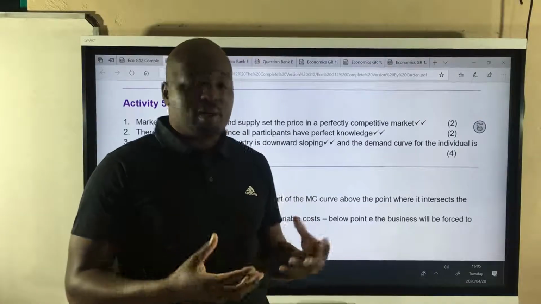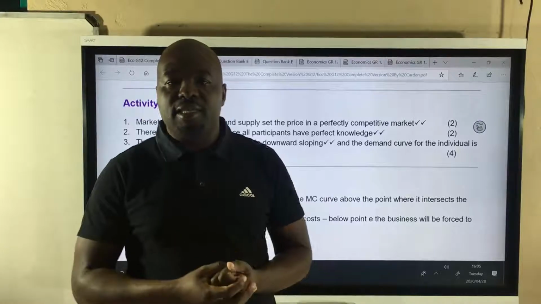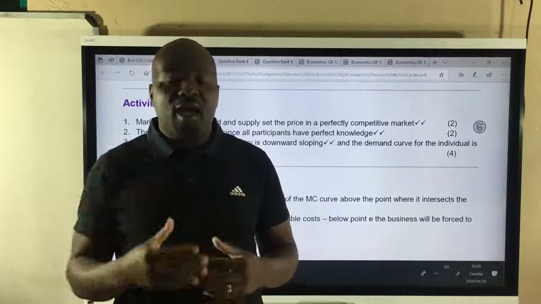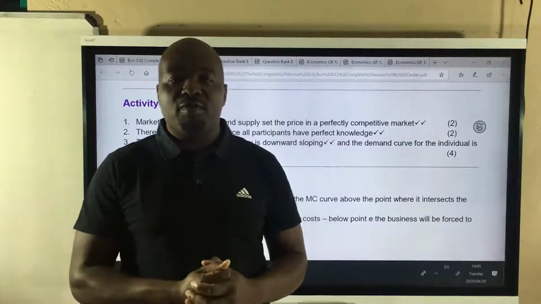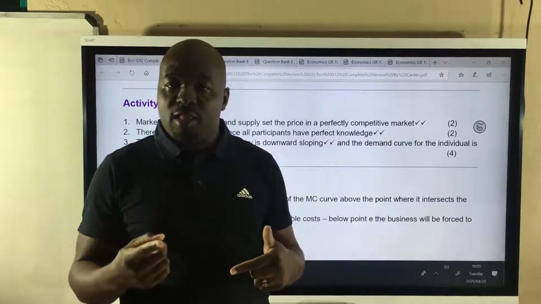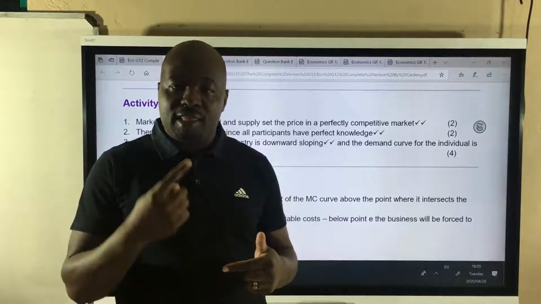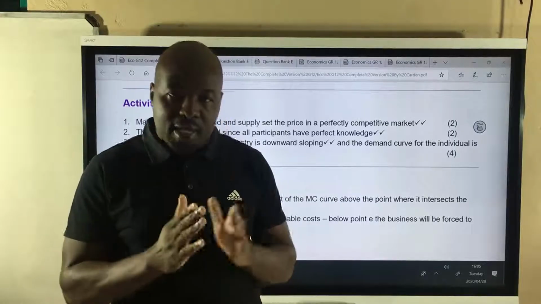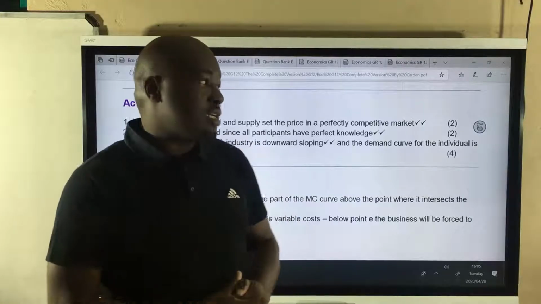So if the market price is, let's say, 2 Rand, and you try to sell at a higher price of 3 Rand, buyers have perfect information. So they are not going to buy from your firm because they know that the market price is 2 Rand and they know exactly where they can get the same product at the market price. So firms cannot sell at a higher price because of that reason.